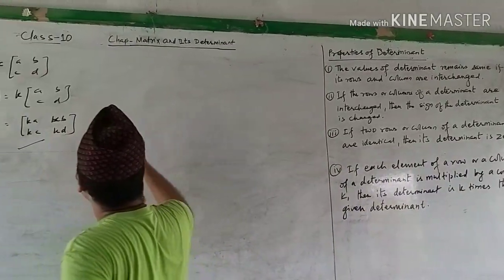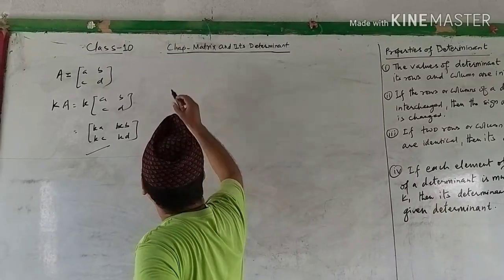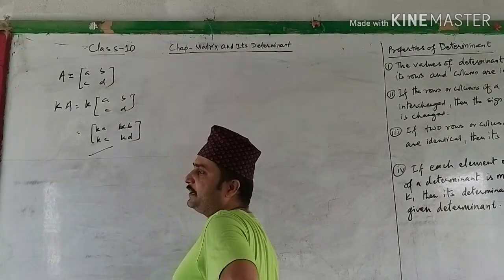Let me take the determinant of a matrix. Let the determinant of matrix B be p, q, r, s.